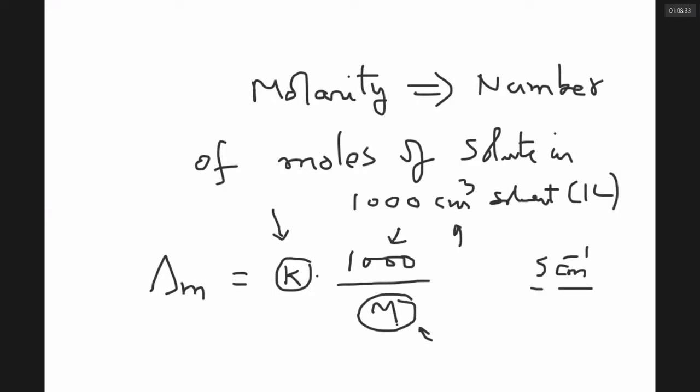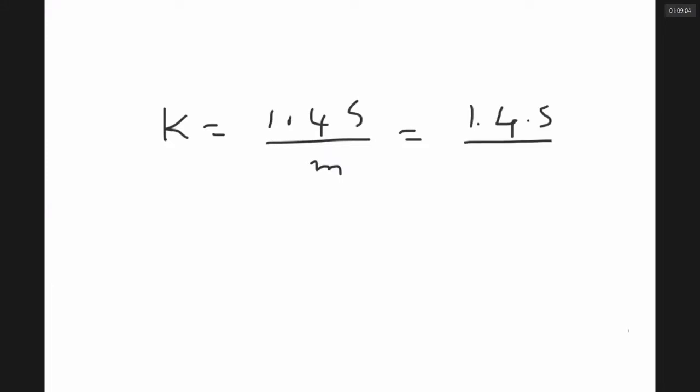Therefore, they gave me the specific conductance of the first electrolyte as 1.4 Siemens per meter. I should convert it into Siemens per centimeter. K is equal to 1.4 Siemens per meter, which is equal to 1.4 Siemens by 100 centimeters.